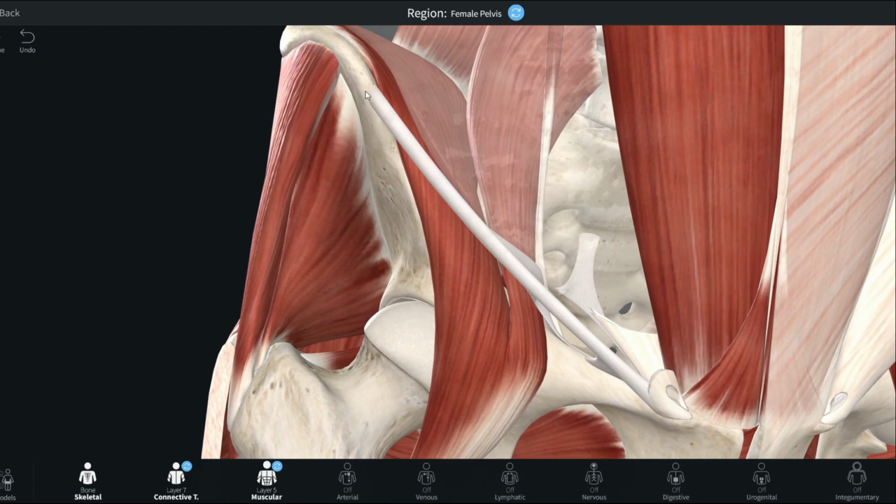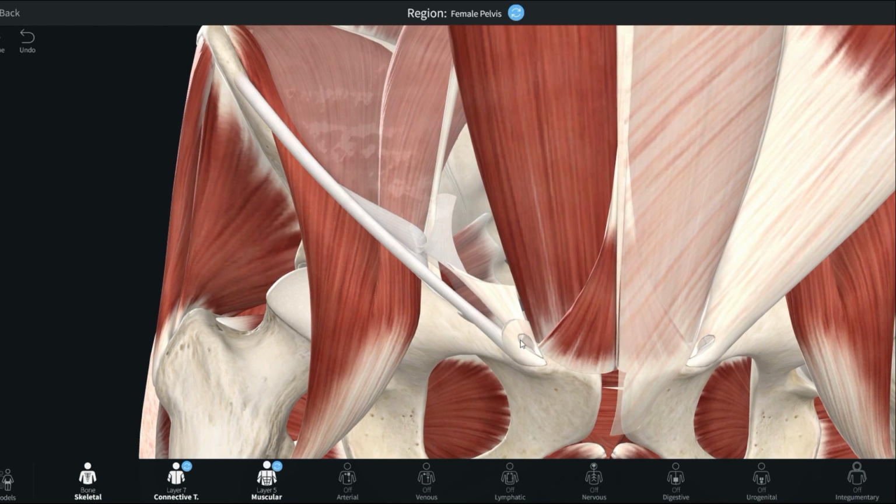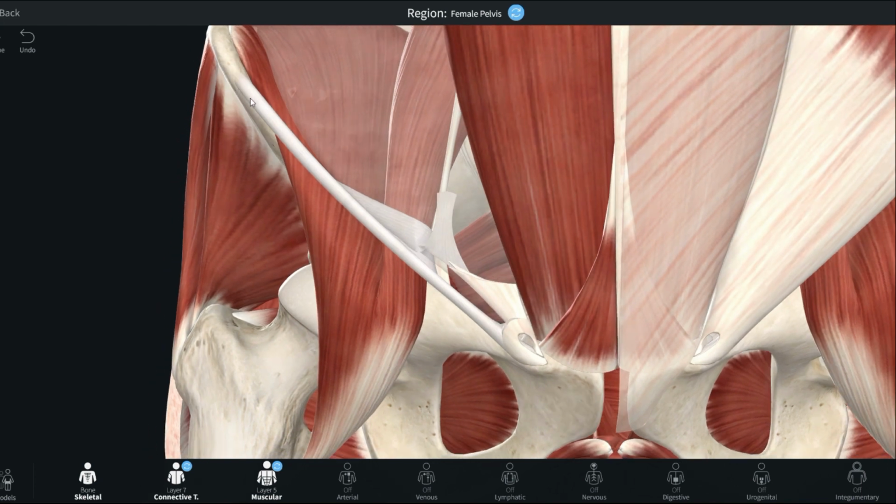But if we consider the line from the anterior superior iliac spine to the pubic symphysis, and not up to the pubic tubercle, which is the inguinal ligament's attachment, and then consider its midpoint, the point we get is the mid-inguinal point. So we have two points. One is the midpoint of the inguinal ligament, which is the midpoint of the line joining the anterior superior iliac spine and the pubic tubercle.